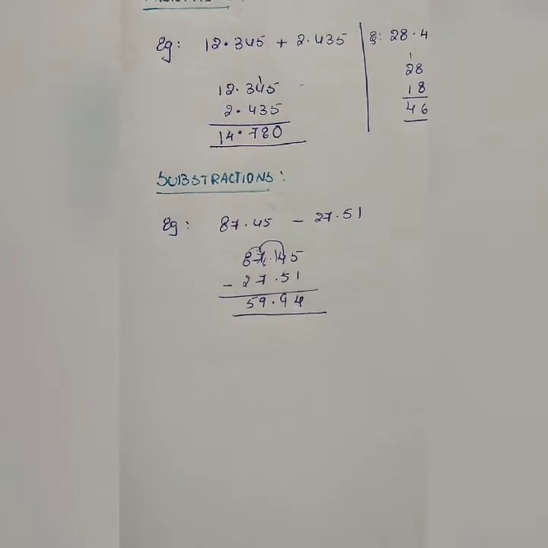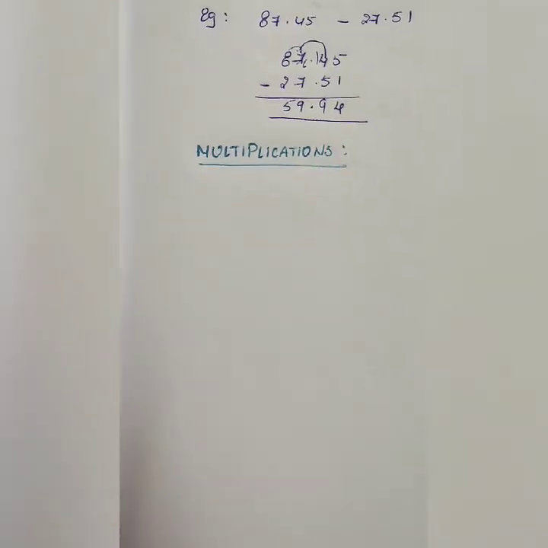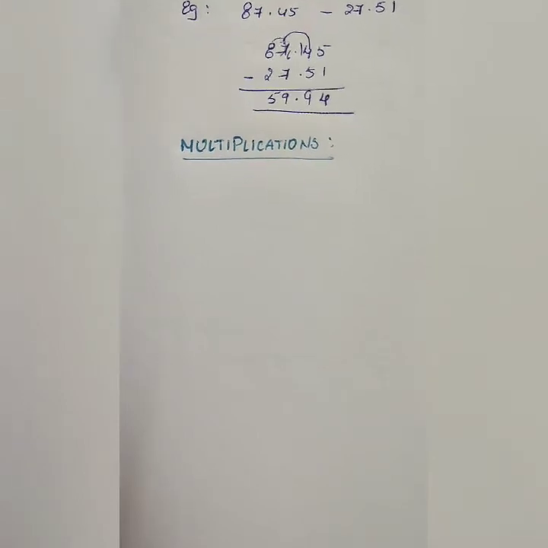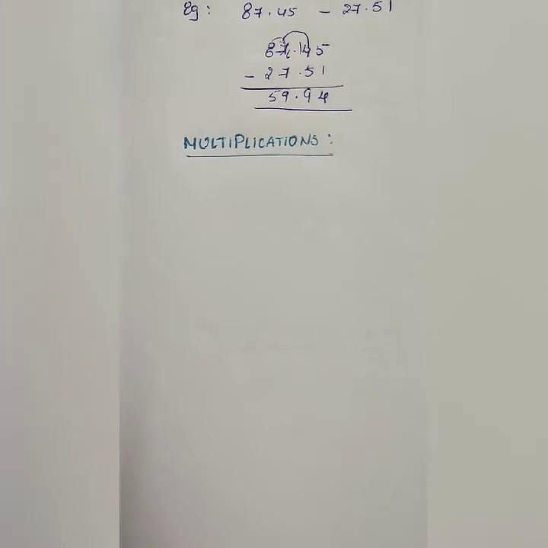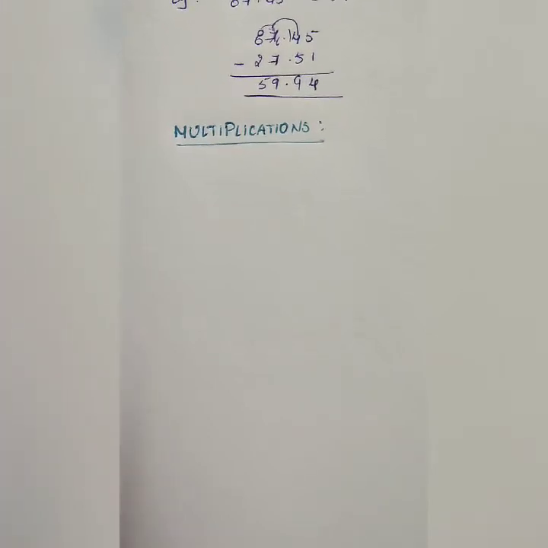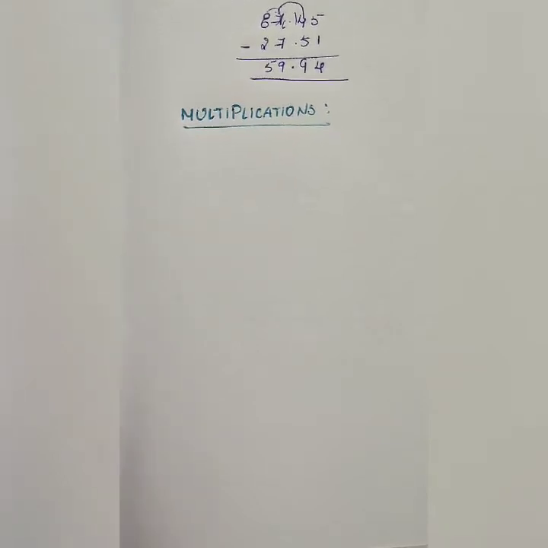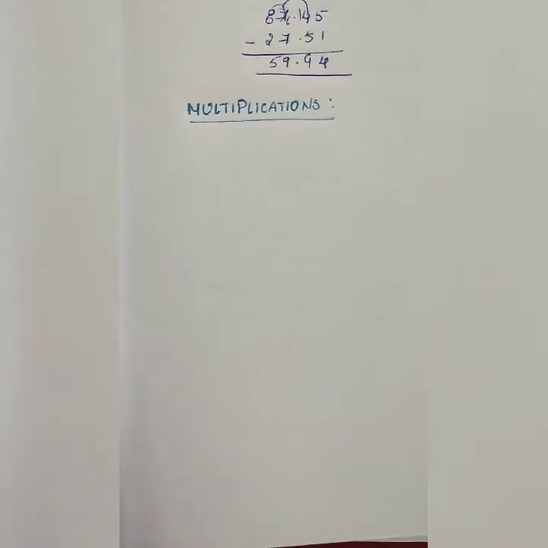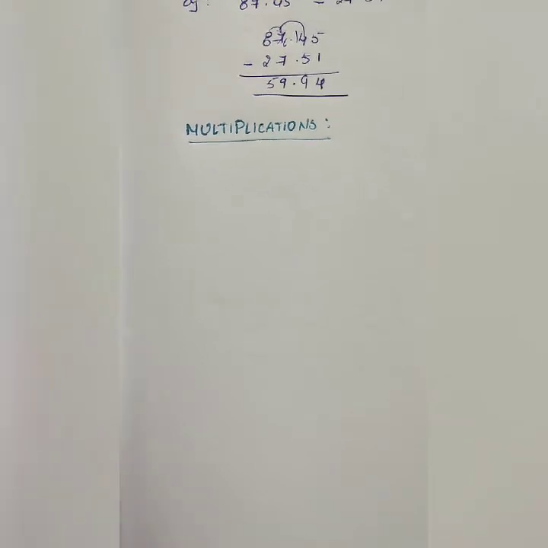Now we will see multiplication. Multiplication can be done in two different ways. One is a formal method which I discussed in the class, stepwise. What is the first step? Ignore the decimal points. What is the second step?